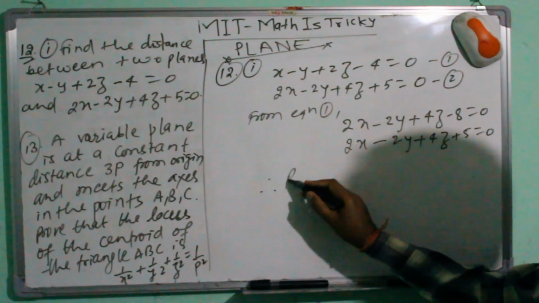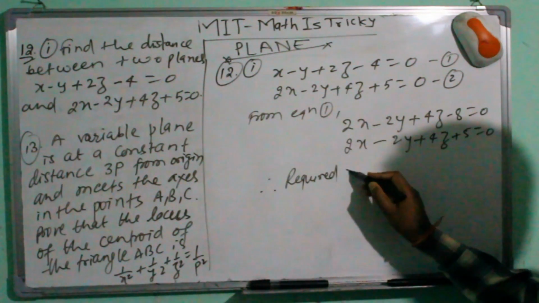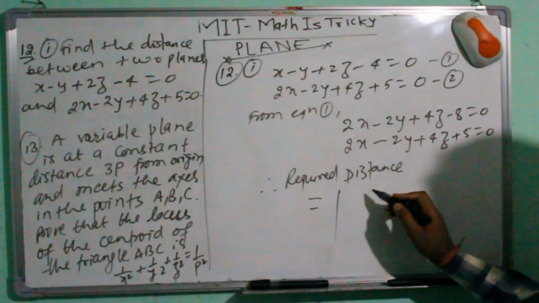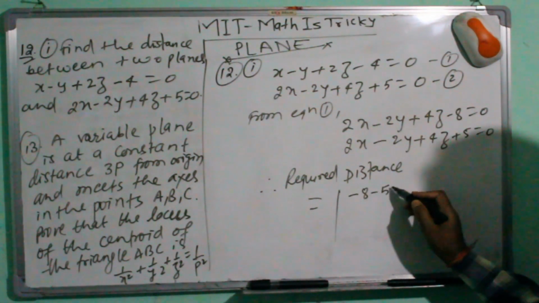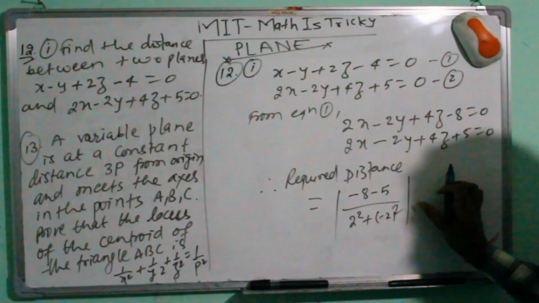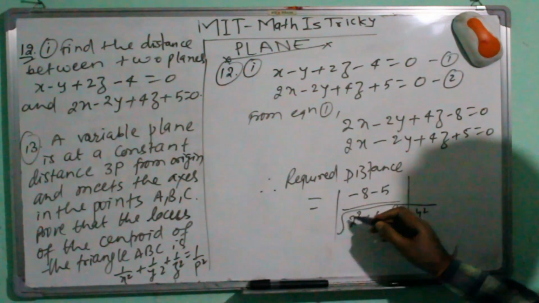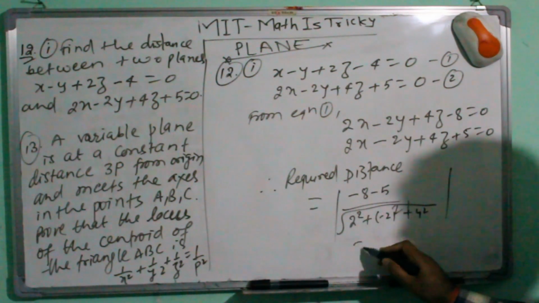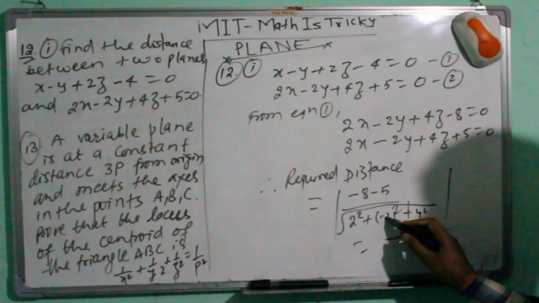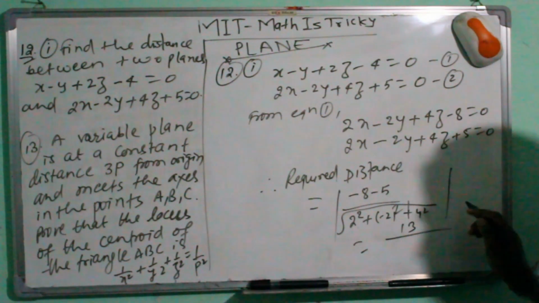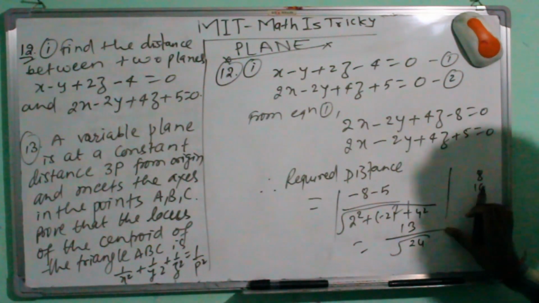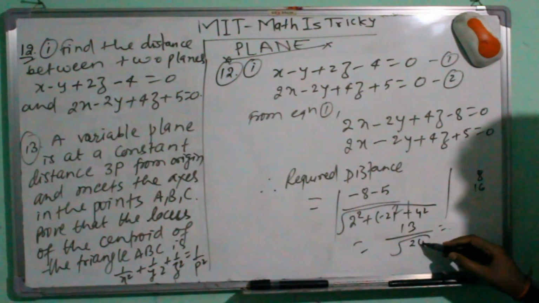Therefore the required distance will be simply the modulus of minus 8 minus 5 by square root of 2 square plus minus 2 square plus 4 square, which gives 13 by square root of 4 plus 4 plus 16, that is 24, so it is 4 into 6.